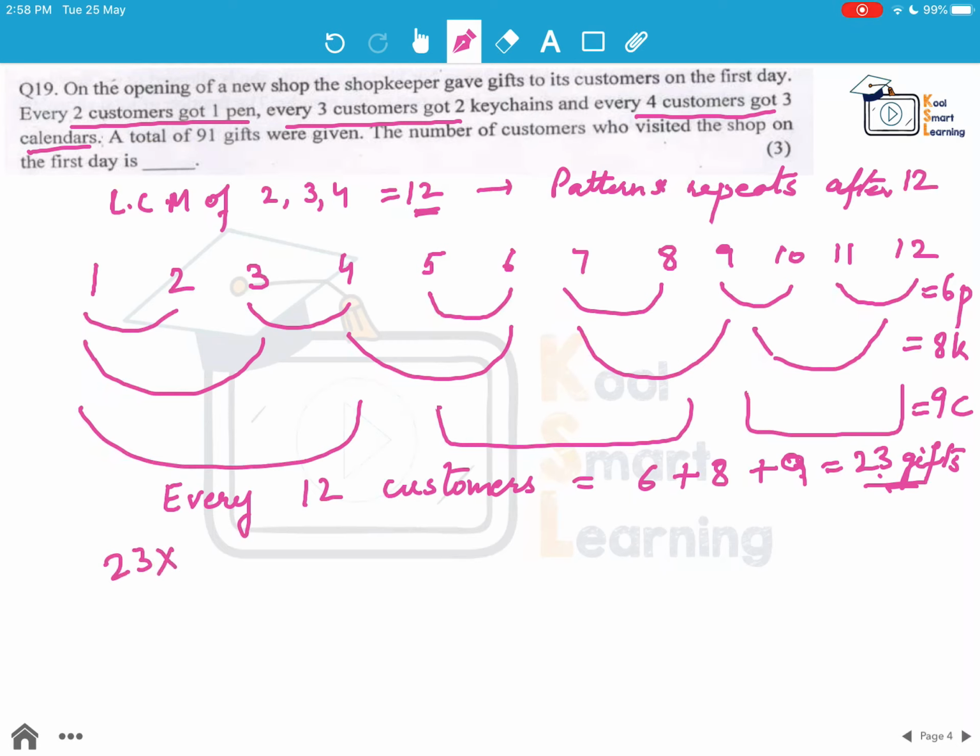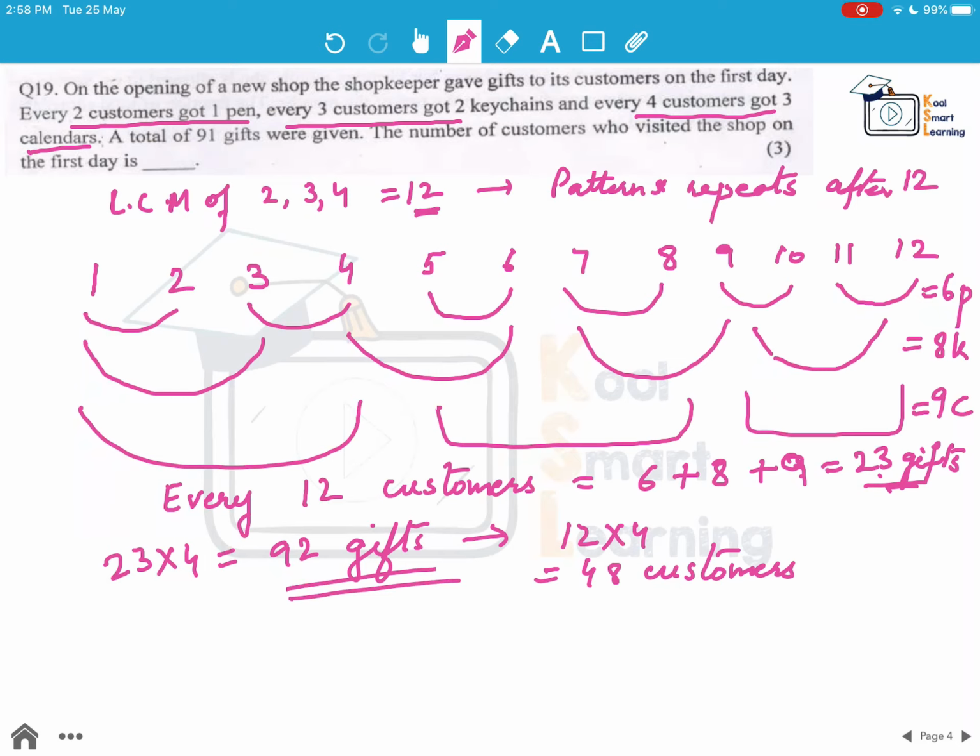So 23 into 4 is 92 gifts, which means these would be distributed to 12 into 4, which is 48 customers. Right? So if there were 48 customers, 92 gifts would have been distributed.